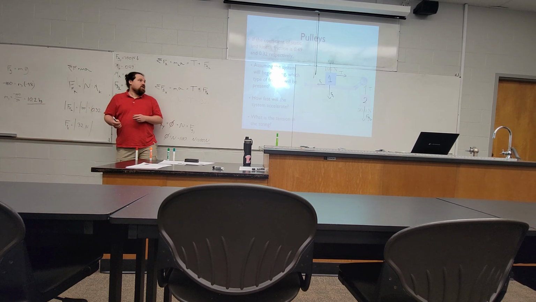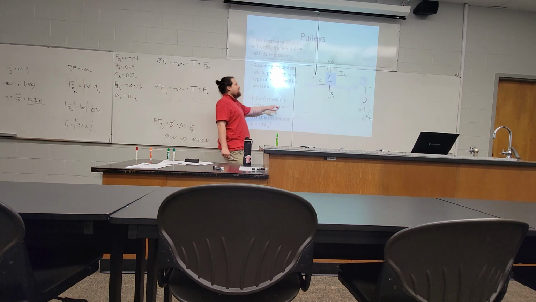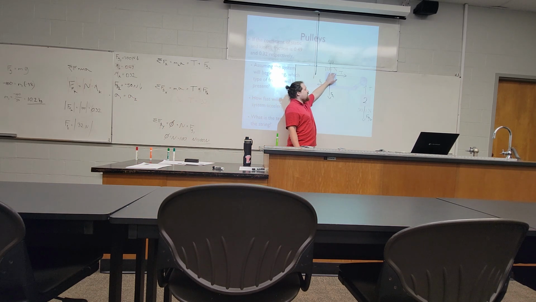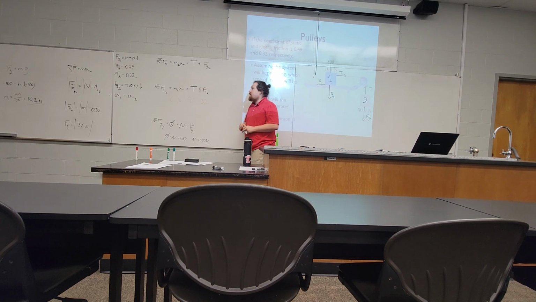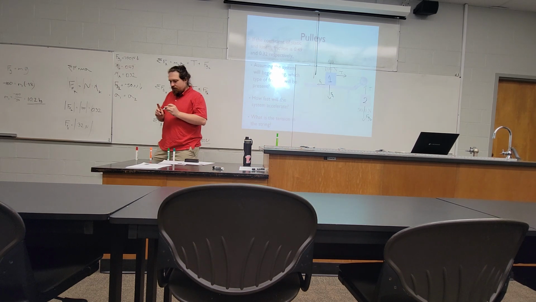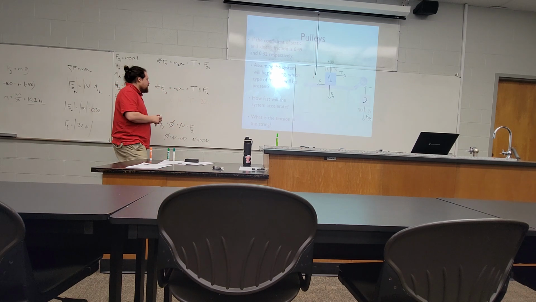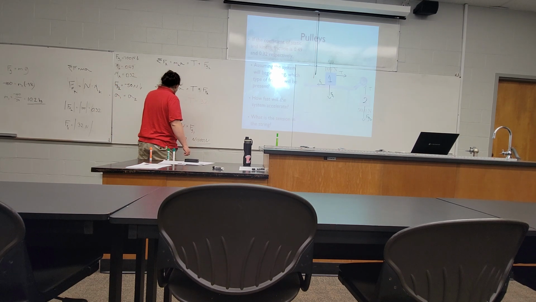Note again, we were given the weight of the box because this number has a newtons attached to it, not kilograms. 100 newtons means weight, so we used it to find mass in kilograms. And that is the number that we will now plug in for M1. So 10.2.